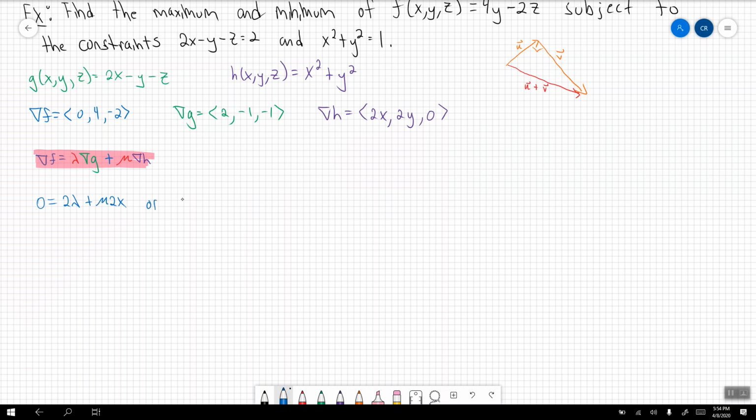Then 4 is equal to negative 1 times lambda, so that's negative lambda, plus 2y multiplied by mu, so mu times 2y. And the last one, we get negative 2 is equal to, once again, negative lambda plus 0 mu, or mu times 0.